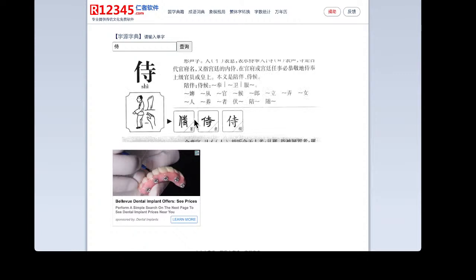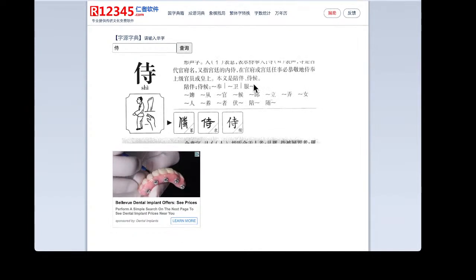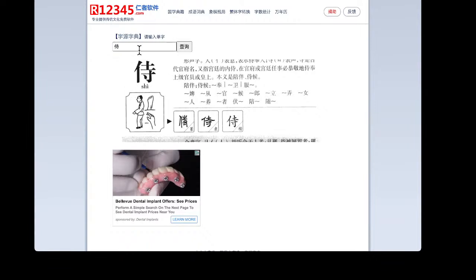Let's take a look at the character. So this one you can see that there's the person radical on the left, right, and then on the right hand side is the character 寺. Okay, this 寺 is temple.